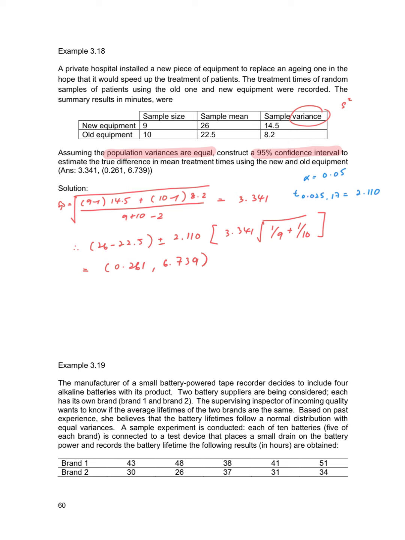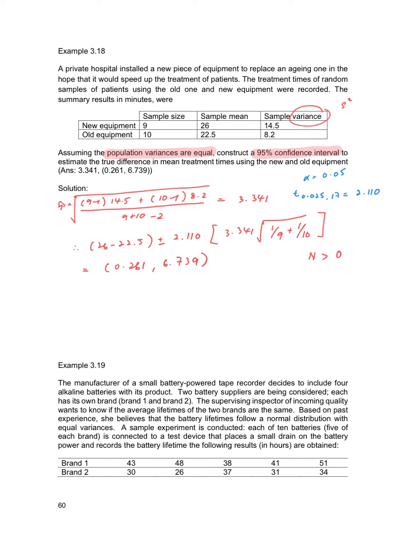Tapi nak tahu mana satu yang lagi lama ambil masa. Okay, since kita buat new minus old, so kita dapat positive value, meaning that time taken by new equipment is greater than old equipment. So sekarang ni time taken by new equipment is longer than old equipment.